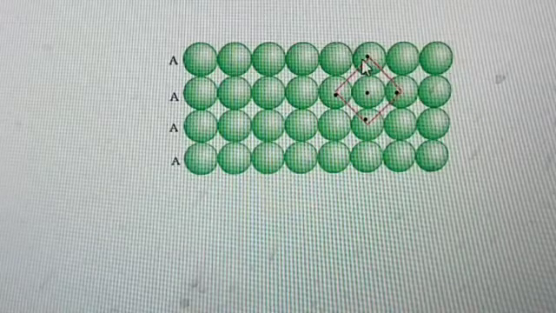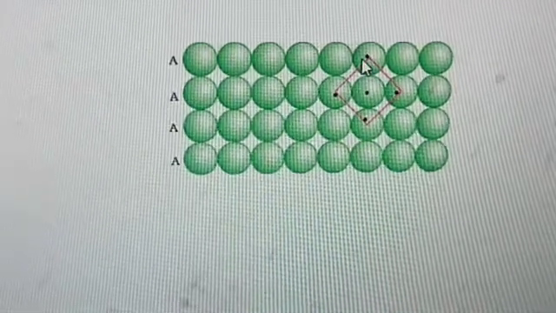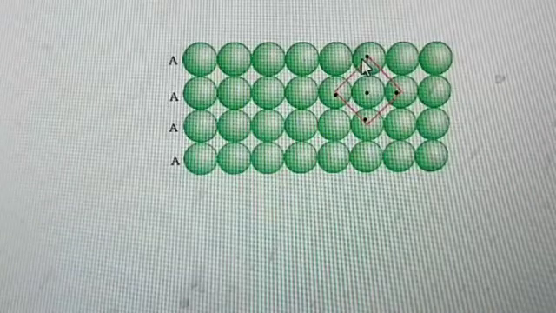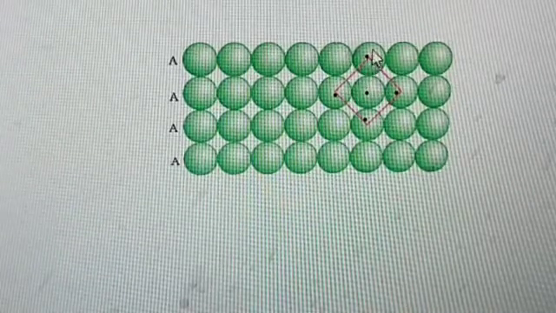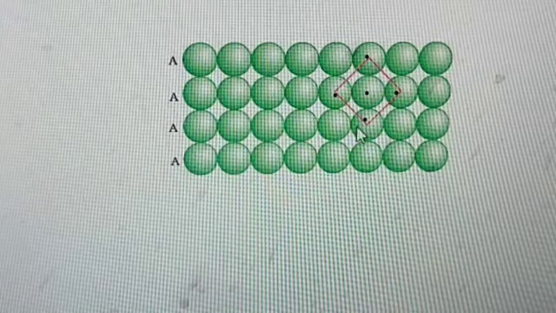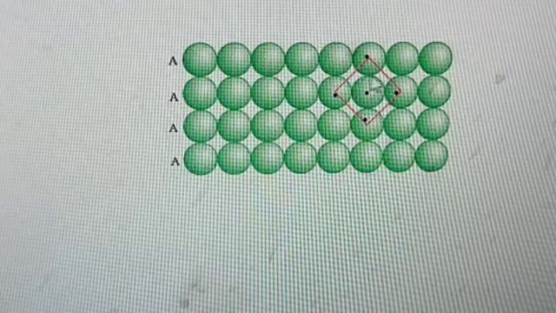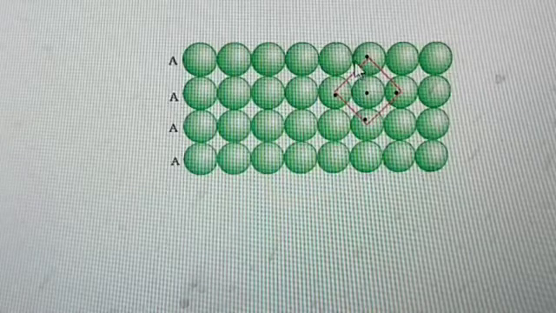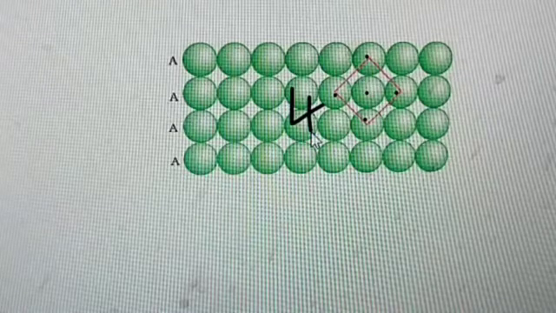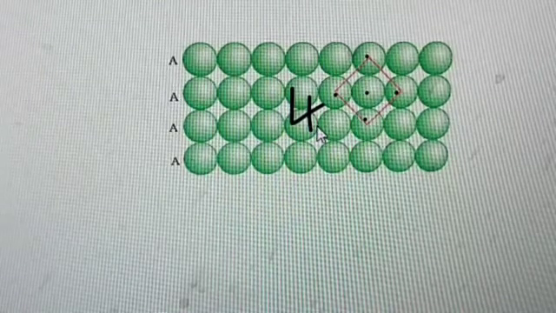And as it is 2 dimensions, those layers are arranged exactly onto the other, so there is 1 particle from the top and 1 neighbor from the bottom layer. So each and every atom is surrounded by 4 neighbors. How much will its coordination number be? The coordination number will be 4 in this type of AA close packing.